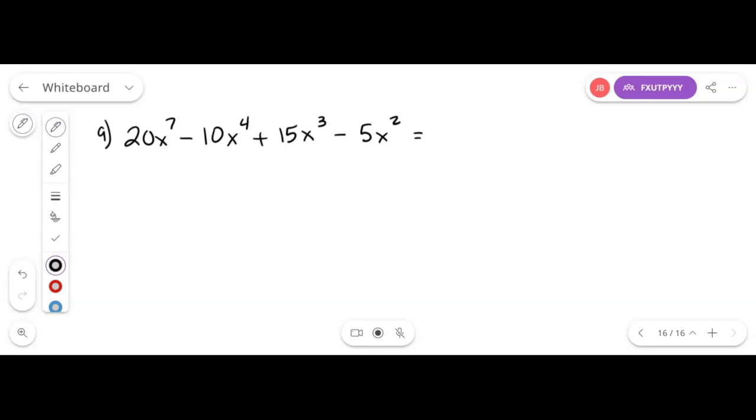So again, don't try to be the first one to answer. Look carefully at the problem, because the first box has 7 flowers. The second box has 4 flowers. The third box has 3 flowers. The last box has 2 flowers. I can take more than 1 flower out of every box. I can take 2 flowers out of every box.